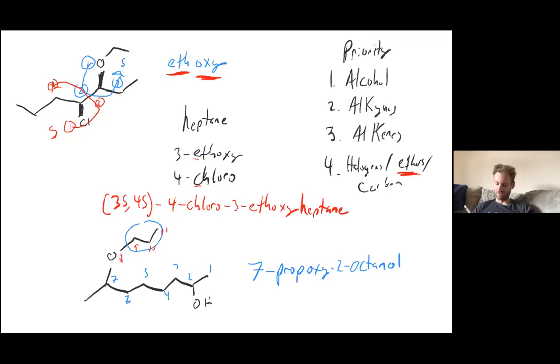You'll always just treat it like it's one giant substituent. So you're treating this like it's the equivalent of a big chlorine or something like that. Does that make sense? Okay, cool.